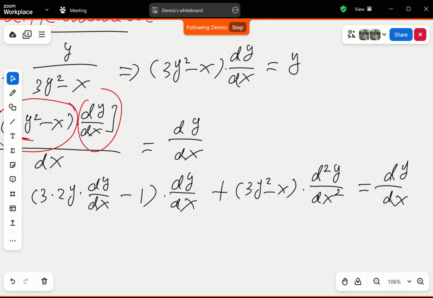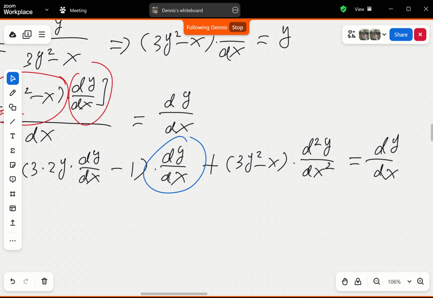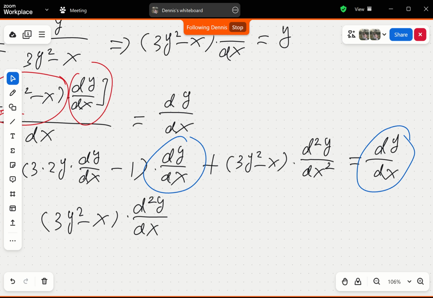Good. So clearly here we notice that there's actually a common factor of dy with respect to x. So we simplify the equation by keeping 3y squared minus x times the second derivative of y with respect to x on the left-hand side.